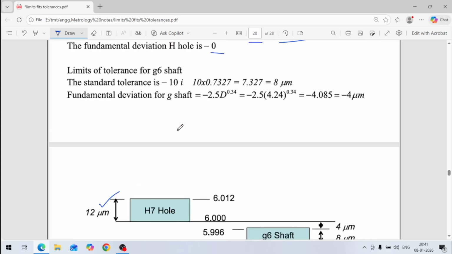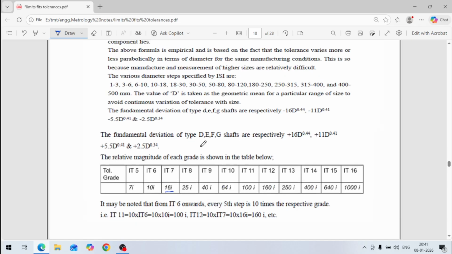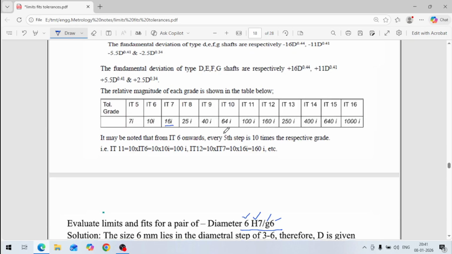Now next, we have to find the limit of tolerance for G6 shaft. We have to calculate for G6. For G6 it is 10i. If you see here in this table, for grade 6 it is 10i, IT6.